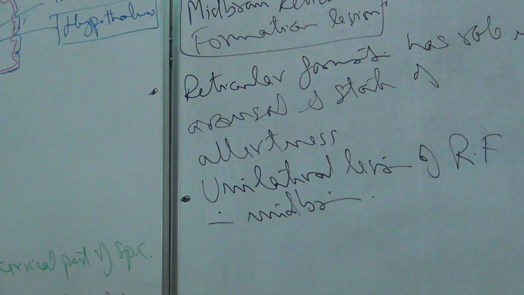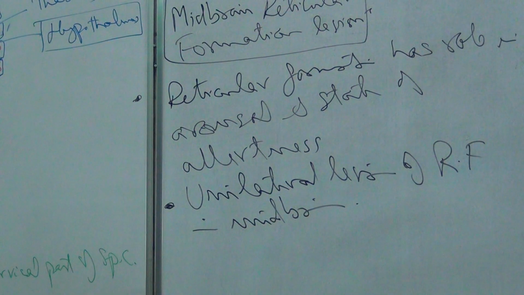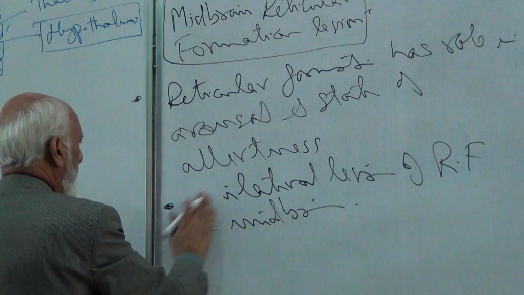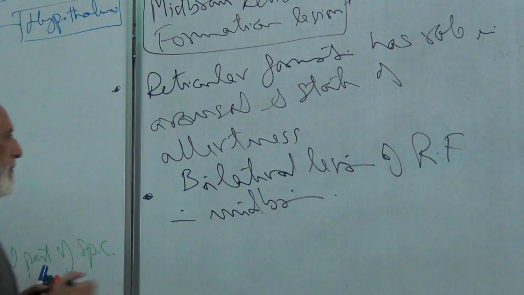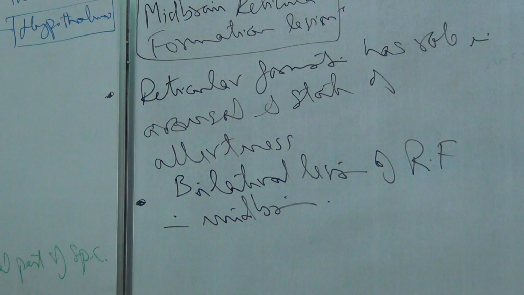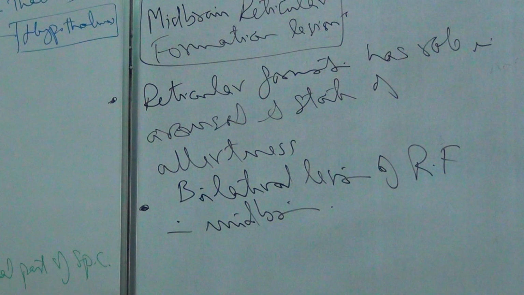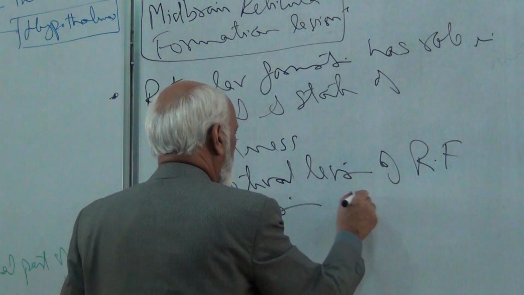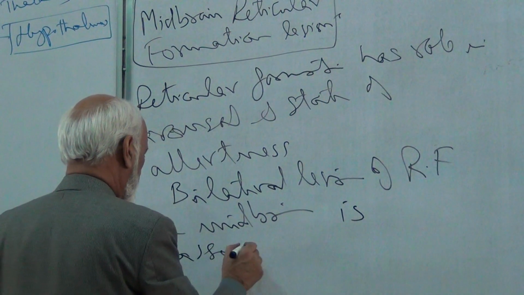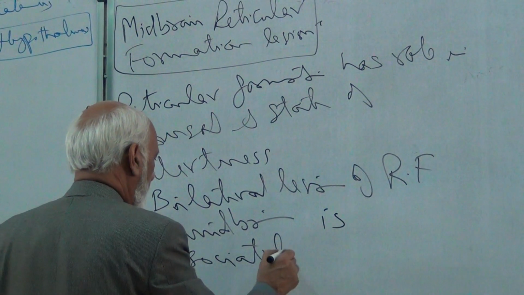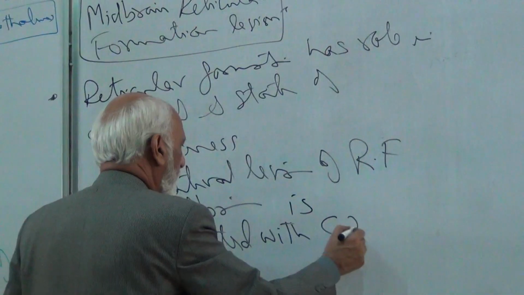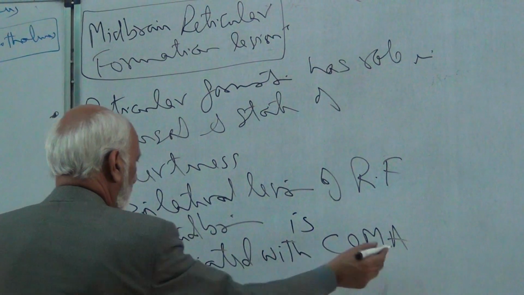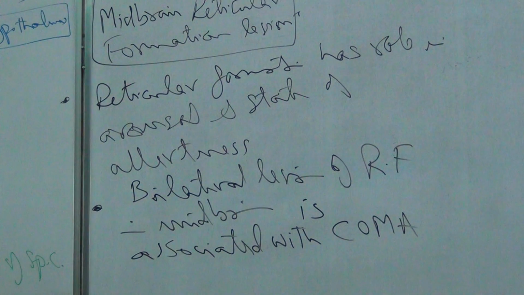If there is a bilateral, not unilateral, lesion of the reticular formation traversing the midbrain, it will be associated with coma. What is coma?